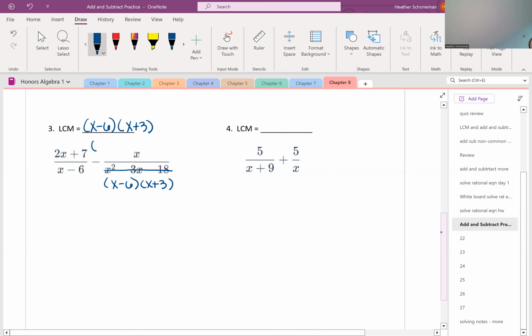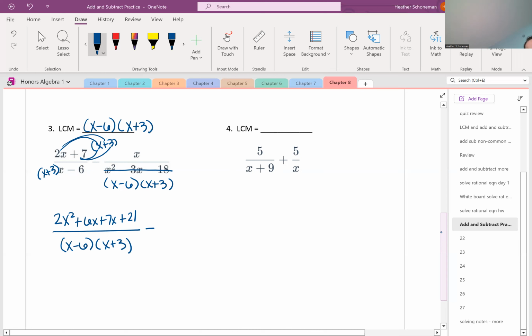But this first fraction needs to be multiplied by x plus 3 on both the top and the bottom. On the top, we're actually going to multiply and distribute it. So that would give me 2x squared plus 6x plus 7x plus 21 all over the denominator. You leave it factored as the least common multiple.